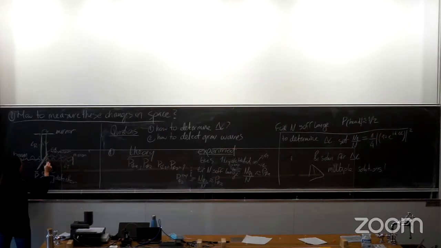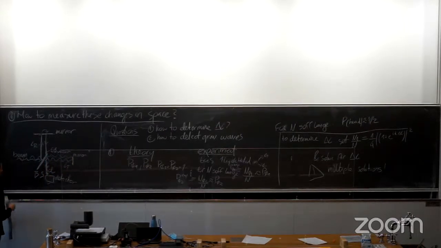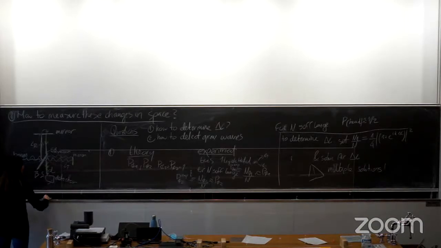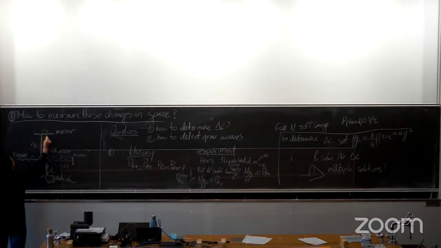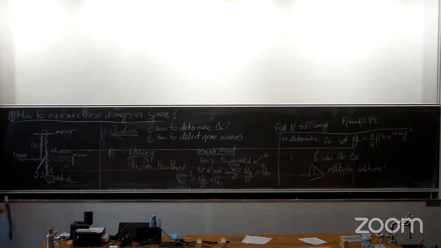Let's keep it blue, and then I'll take another color, now yellow. So here we have this. Because of this length difference, these waves are not in phase, so here we will have an interference effect.